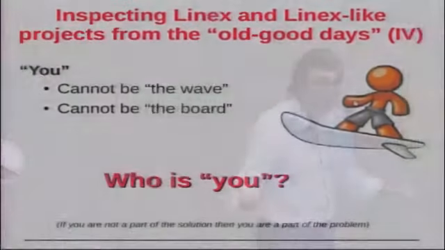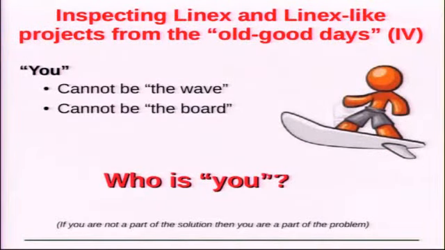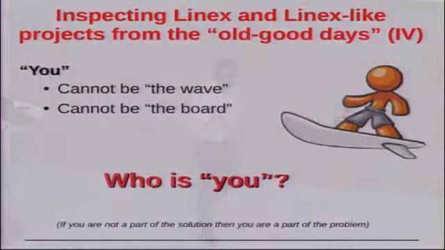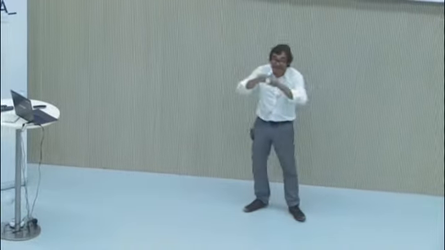That is the main problem we had in the past with the regional projects. There is no you. Nobody knows very well where to go. There was really no governance around that. You cannot be the wave. If you're a politician and you are part of the wave, you cannot be riding the wave. If Linux is part of the board, it cannot be part of the you.